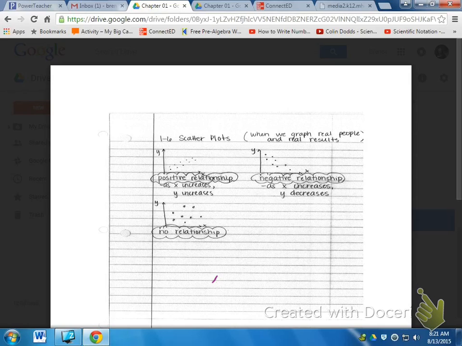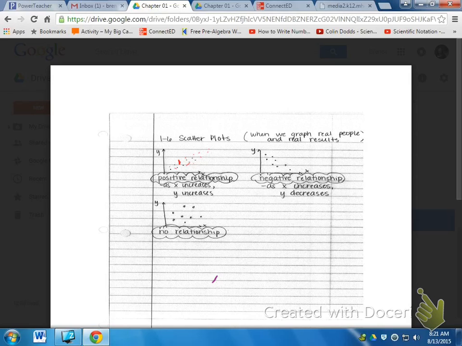Now, if you're trying to put this on your paper, just remember it's anything going from left to right, because you read graphs from left to right, it's generally going uphill. It's an upward trend. The points are not going to be perfect. So when you put this in your notes, you're just putting things wherever you can, kind of going uphill, just imitating what I've got there.